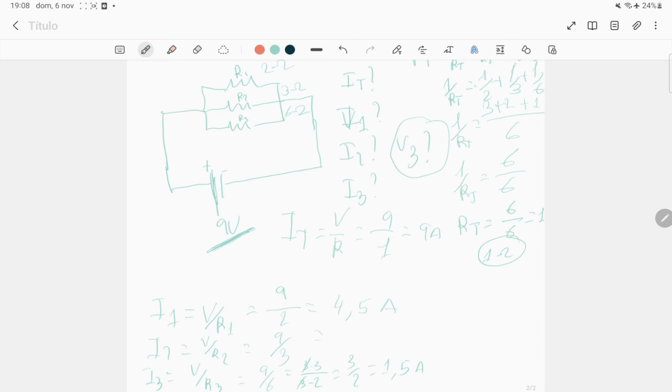One and a half, and this is 3. The sum of these has to be 9 amperes, and it is 9 amperes because 4.5 plus 3 is 7.5 plus 1.5 is 9, so 9 amperes.